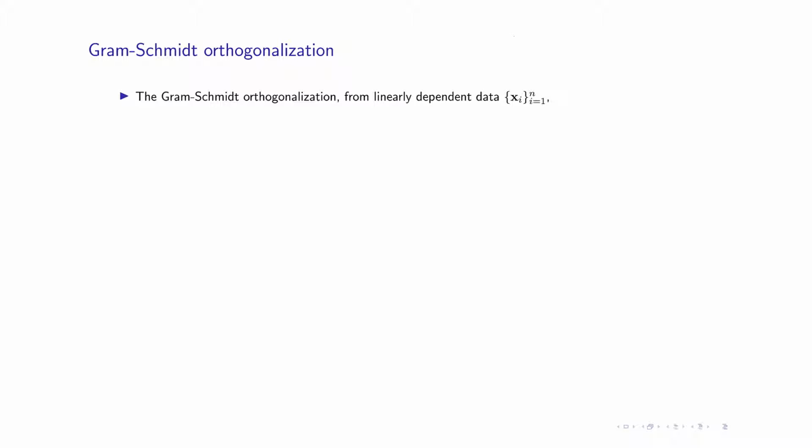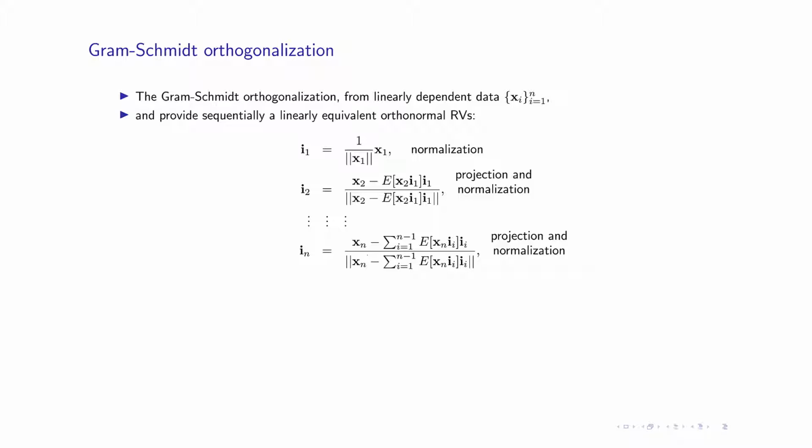So we want to remove the dependency from these dependent data and form a Cartesian coordinate from these vectors. Remember that random variables are random vectors, and so we want to decompose them and then remove the redundancy.